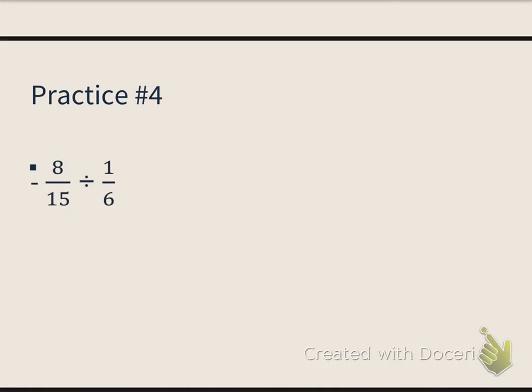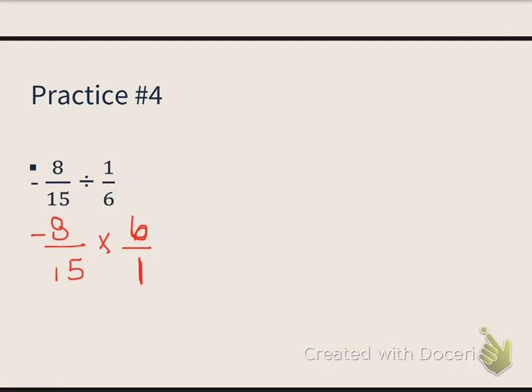Now we have negative 8 over 15, sorry about that, divided by 1/6. So, remember when dividing fractions, we want to keep the first one the same. We want to change the sign to a multiplication sign, and then flip the second one.